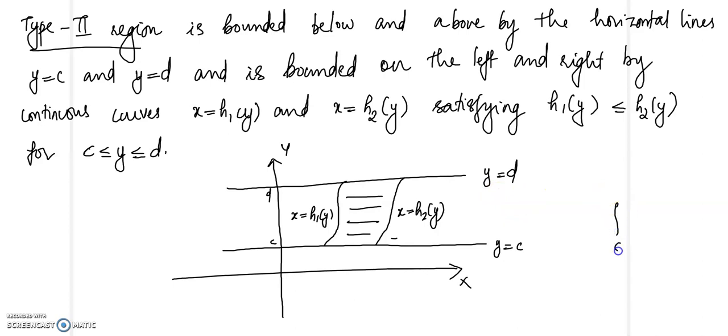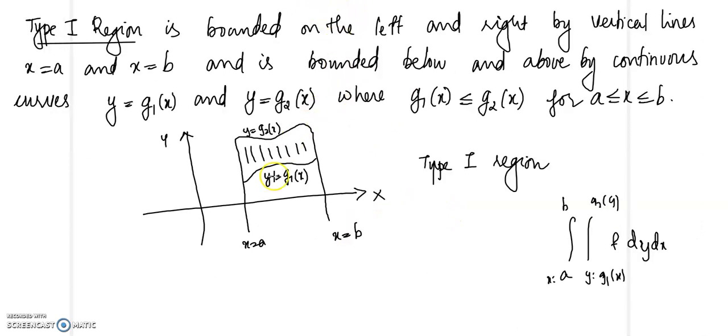The integral we saw is like this. The type 2 integral is the integral from c to d, then h1 of y to h2 of y, f dx dy. So this is an integral of type 2 form, and that is the type 2 region. Here y is constant and x has non-constant limits. In type 1, x is constant and y has non-constant limits.